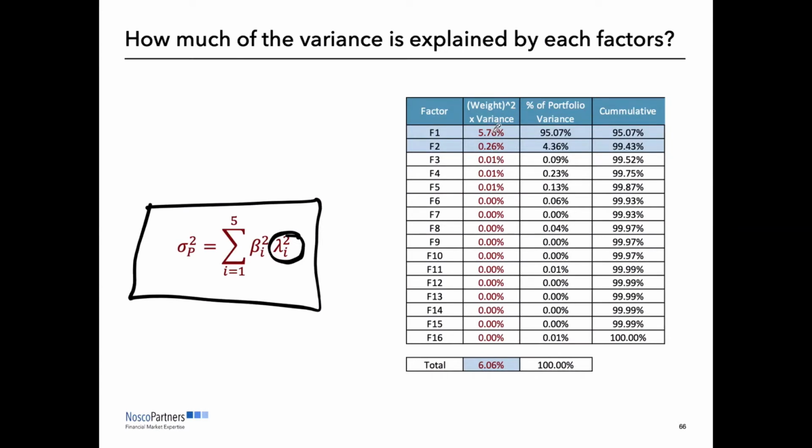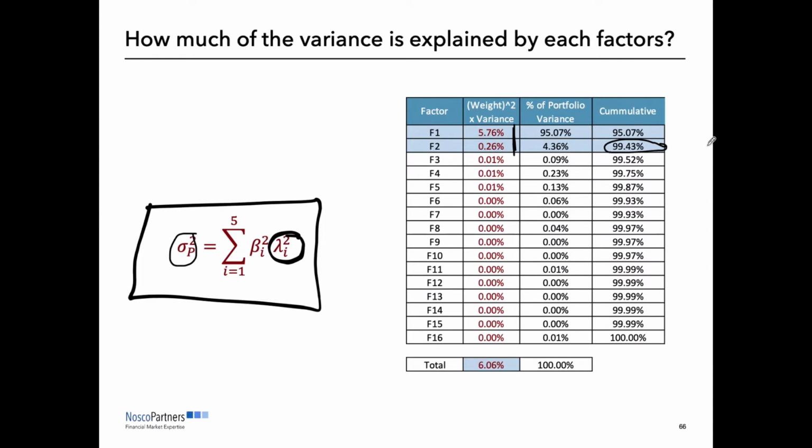What I can see is that actually most of the variance of my portfolio here is in only these 2 or 3 factors. While I have 16 factors, 2 of these factors already explain 99.43% of the portfolio risk.